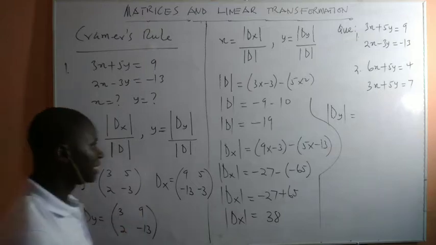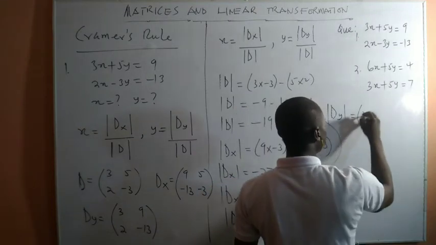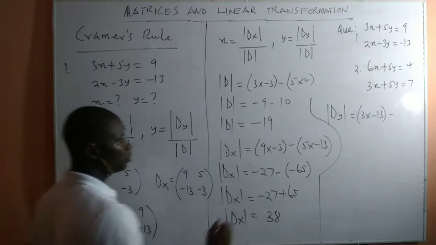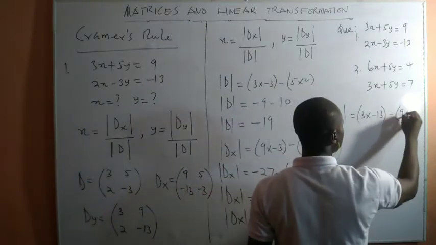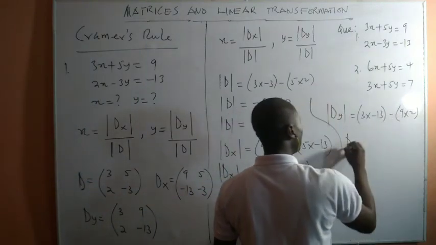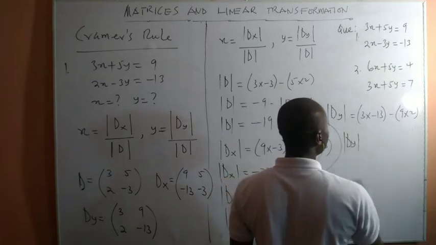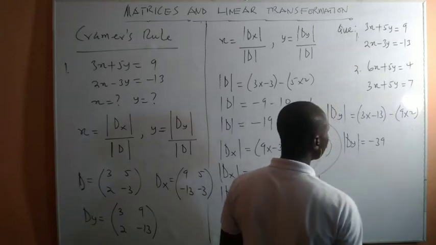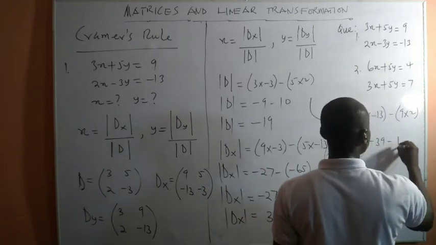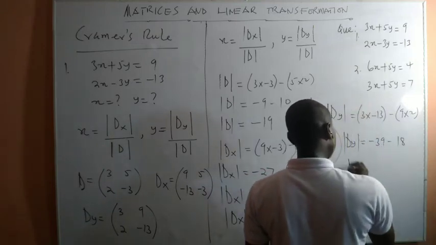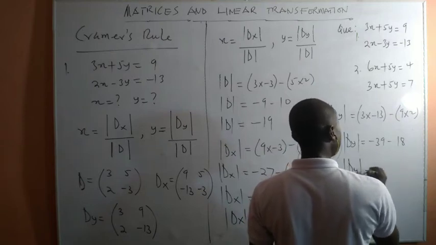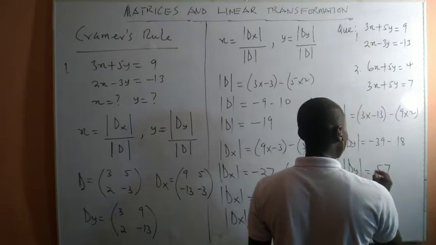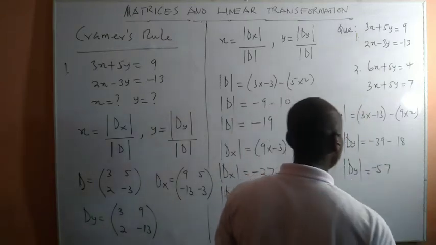So 3 times minus 13 is minus 39, and then we have minus 18. Then the determinant of the y matrix will be equal to minus 57.